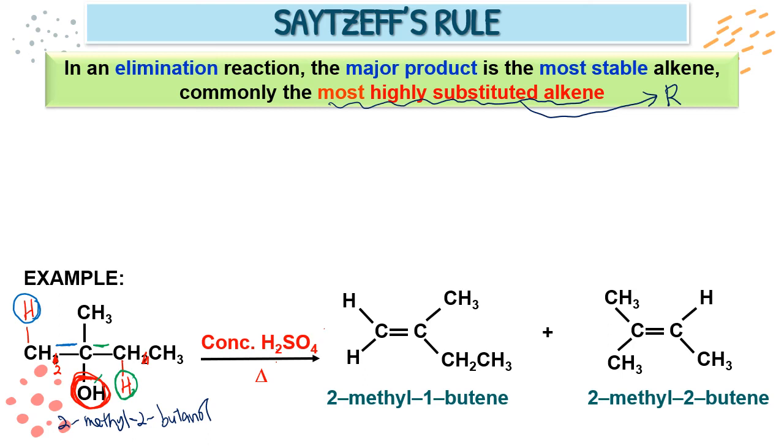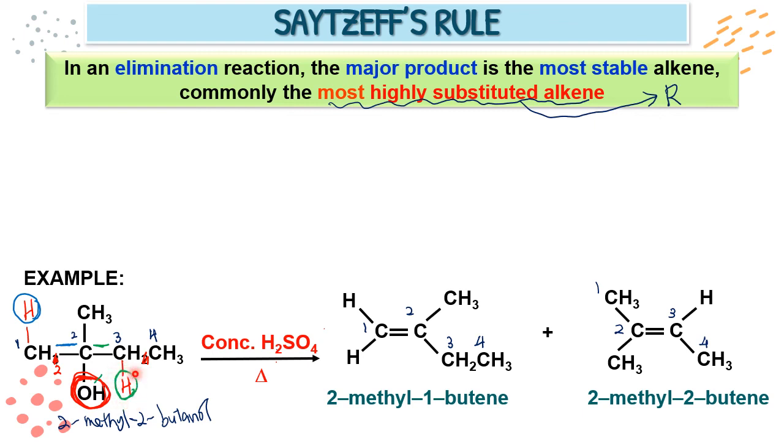But if we remove the hydrogen on the third carbon, let me number our carbons: carbon number 1, 2, 3, and 4. So here is 1, 2, 3, and 4, and this is carbon number 1, 2, 3, and 4. If you look closely, this is the product when we remove this hydrogen and hydroxyl group, and 2-methyl-2-butene is the product when we remove the hydroxyl group with the hydrogen in the green circle.